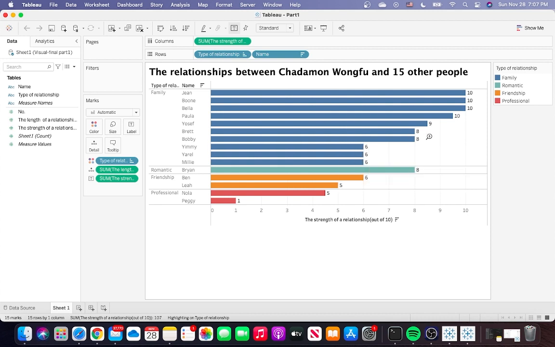The three strongest relationships are Jean, Boone, and Bella, which have 10 out of 10. The weakest relationship is between myself and Peggy, a professional relationship with Scott, with just 1 out of 10.